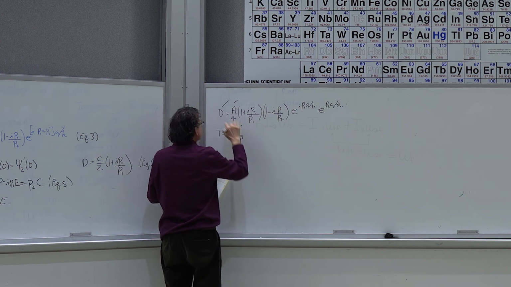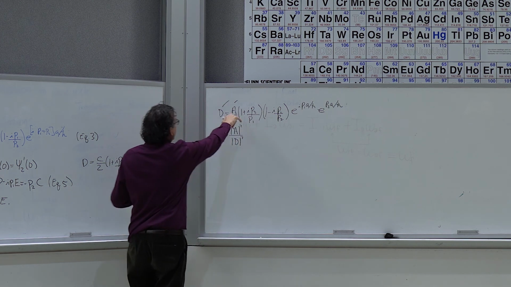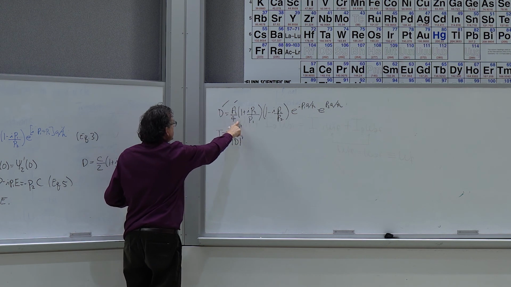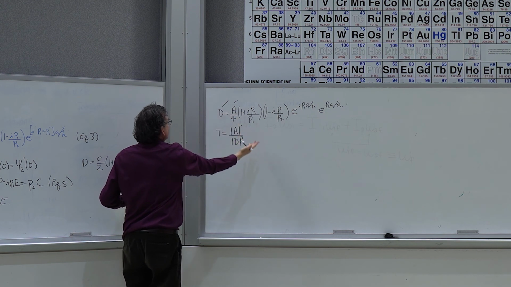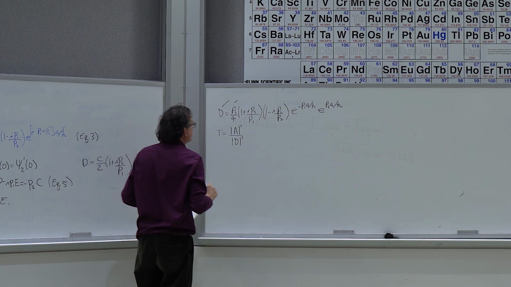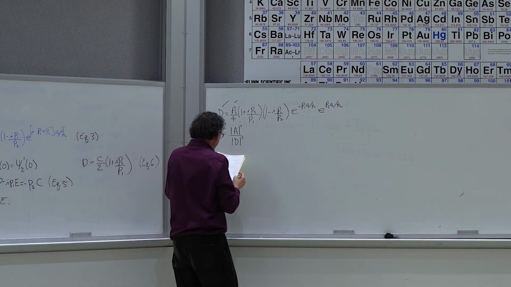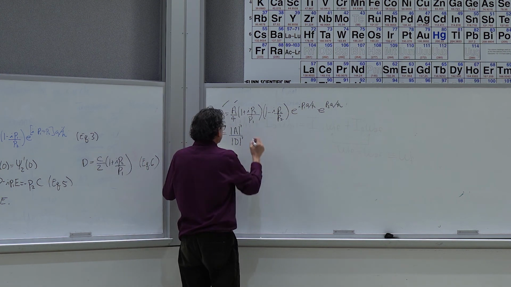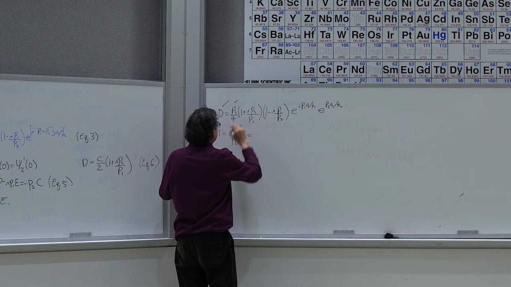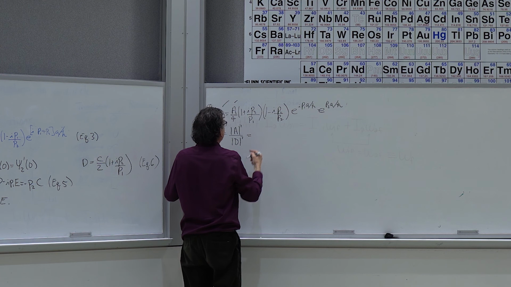So I can do that. I can divide this equation by D. I get A over D, then multiply by the inverse of the rest of that stuff. I can then solve this for A over D.